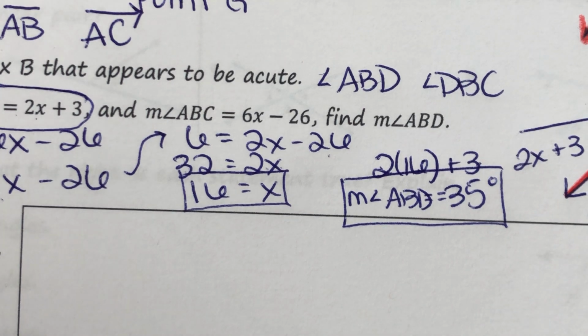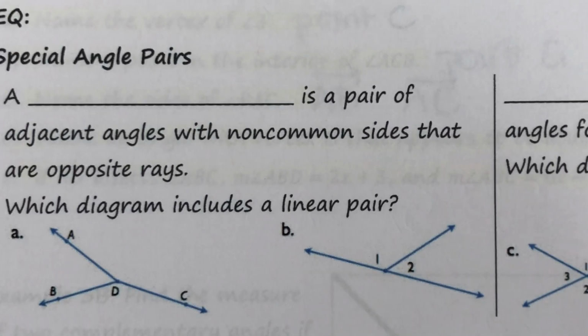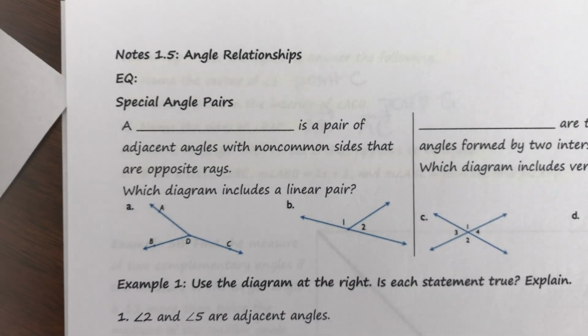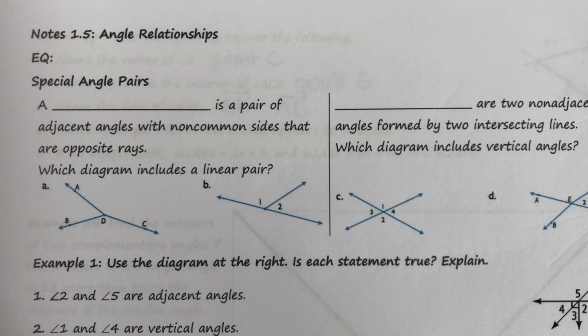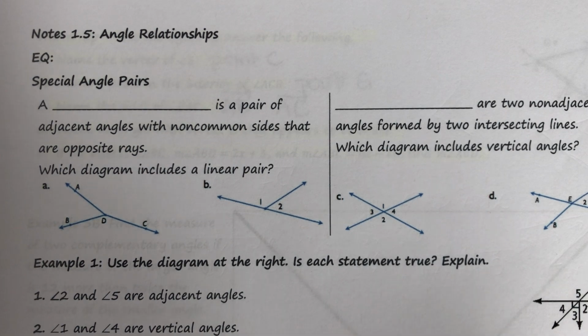All right, let's start over at the beginning of our notes. If you have printed these out and you are following along, it should look like this. Okay, and again, this is 1-5 angle relationships. So our essential question is, what are at least 3 types of angle relationships?